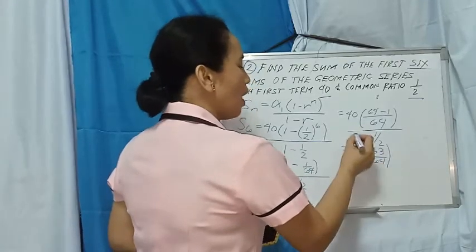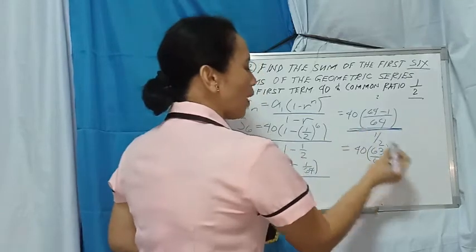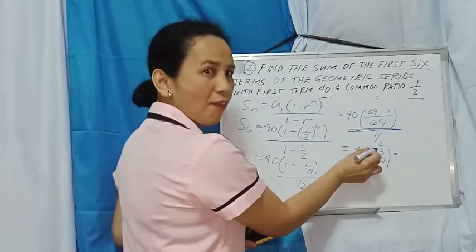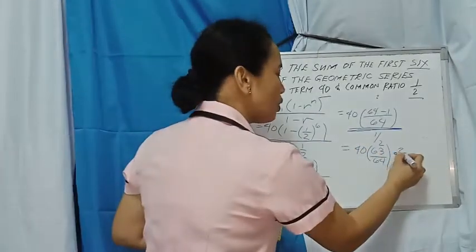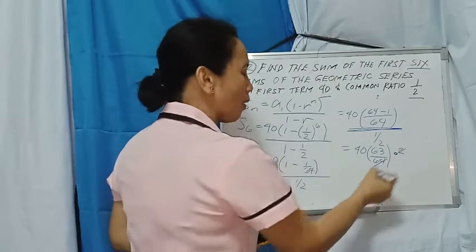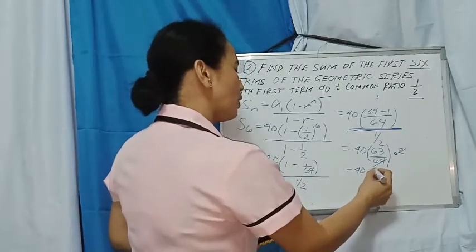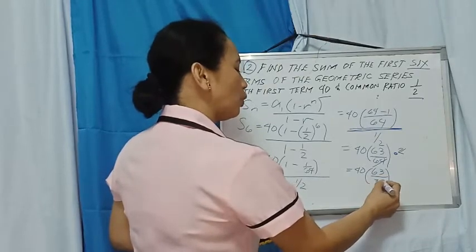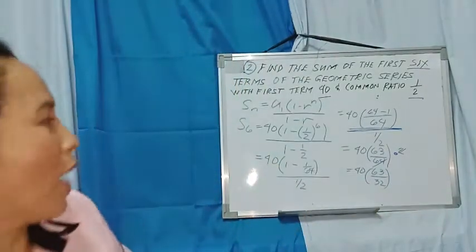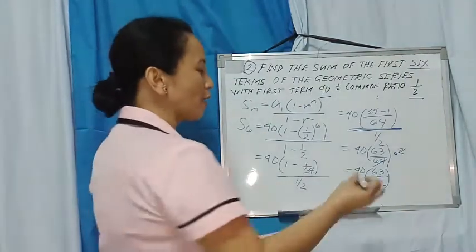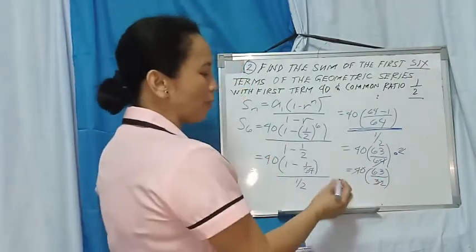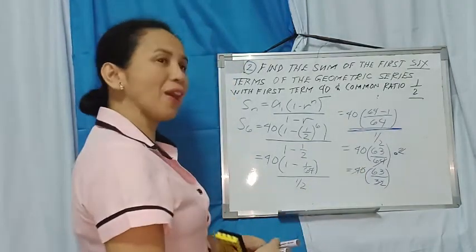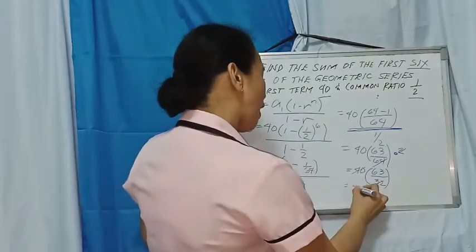And then again, division will become multiplication, and then get the reciprocal of 1 half, which is 2. And then we can cancel them. That is 40. Then 63 over 32. Again, we can cancel 40 and 32 because they are both divisible by 8. So, 40 divided by 8 is 5.